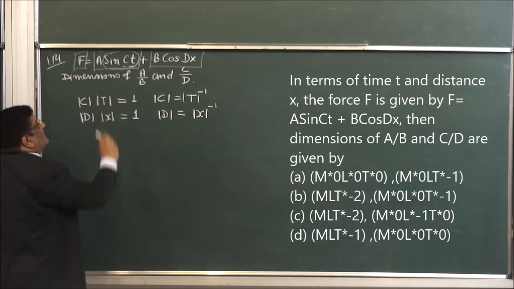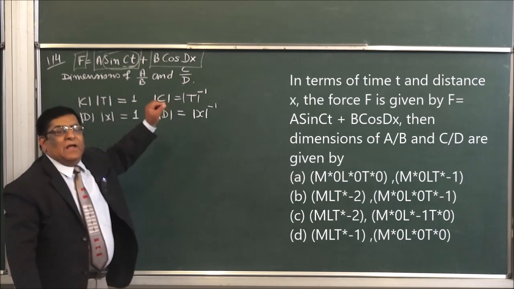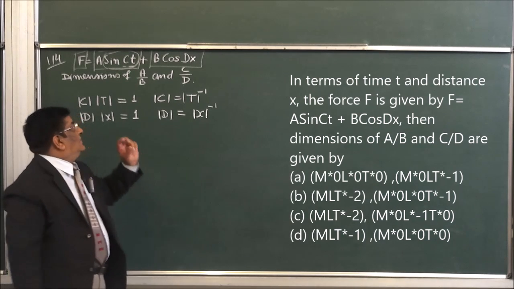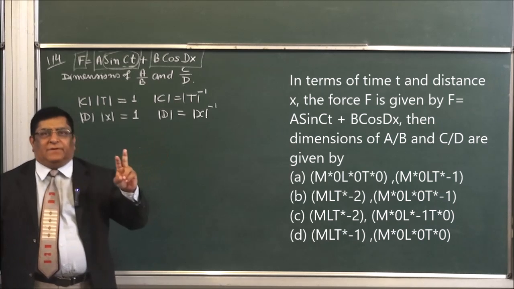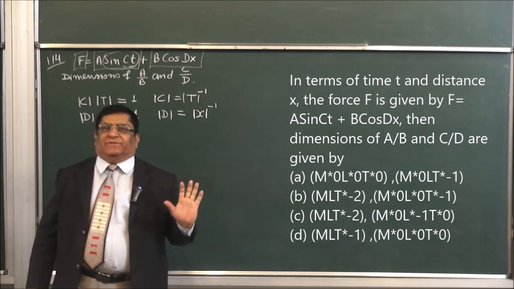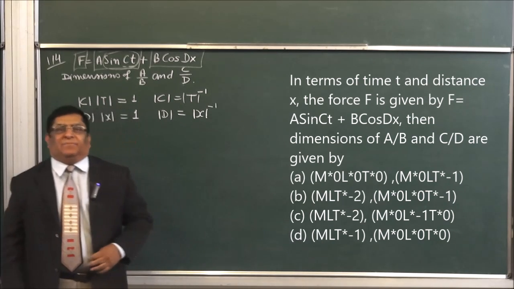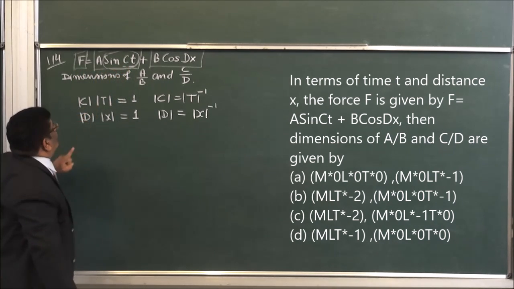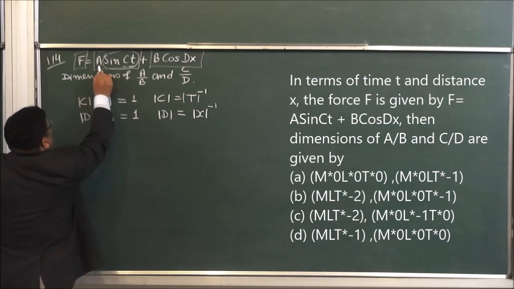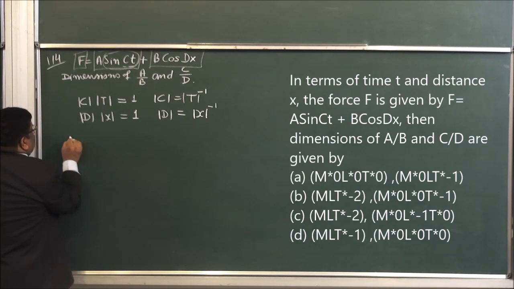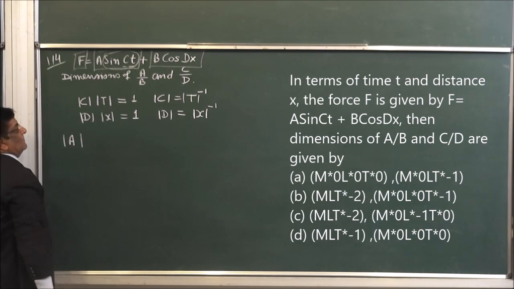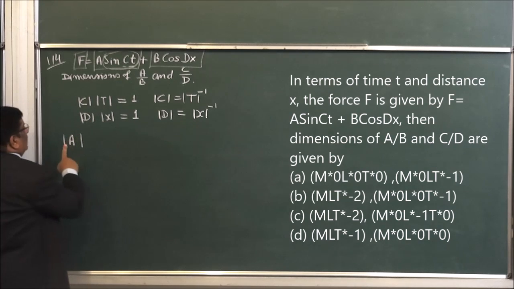There are three terms in this relation, and our principle of homogeneity says that all the terms in an equation should have same dimensions. Okay, that means dimension of this term and dimension of this term are same. But in this, what are the dimensions of A sin Ct? Dimensions of A and dimension of sin Ct, that is no dimension. So that is 1. We don't write it.